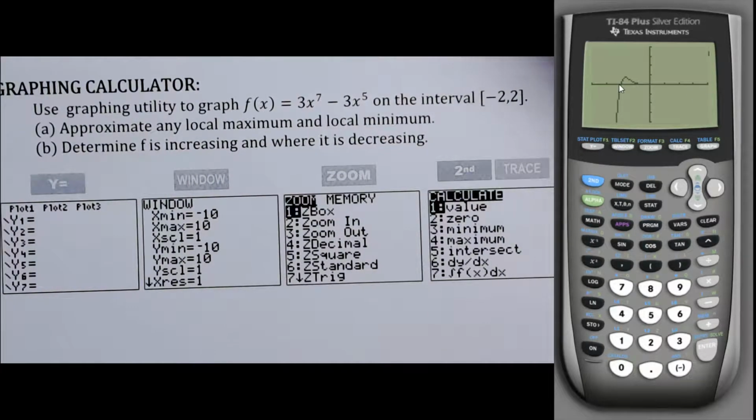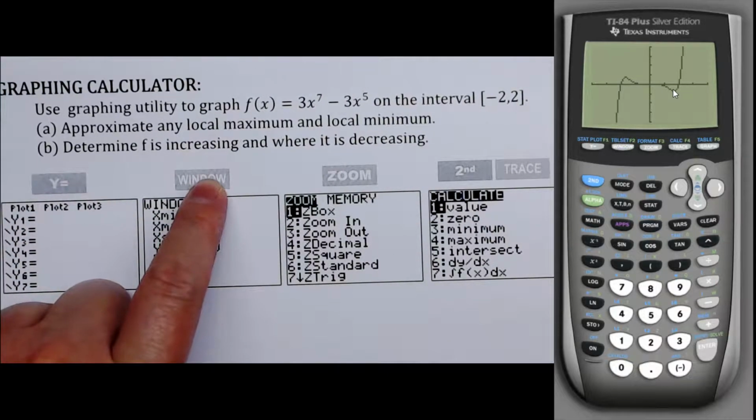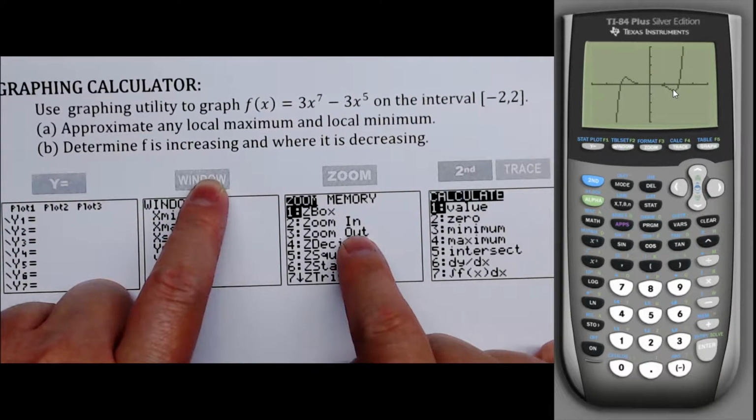Notice that the window will go from -2 here and to 2 here. Looks like we're going to have a local minimum here and local maximum here, local minimum here. Then we just need to find it. So y equal to, enter the function, adjust the window if we need to. We'll get back to this in a minute.